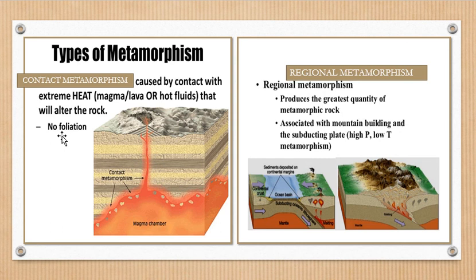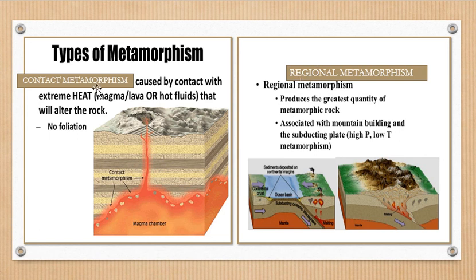Now, if the existing rocks are exposed to pressure, with mountain building, or the rocks are squeezed because of the plate boundaries, or the rocks are stressed within the earth below, that is what we call regional metamorphism.